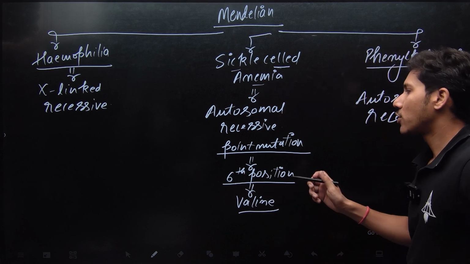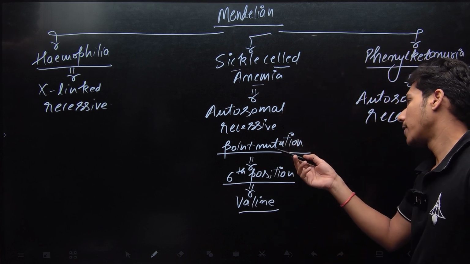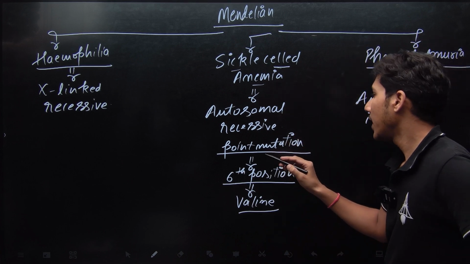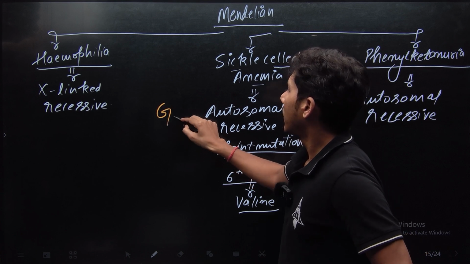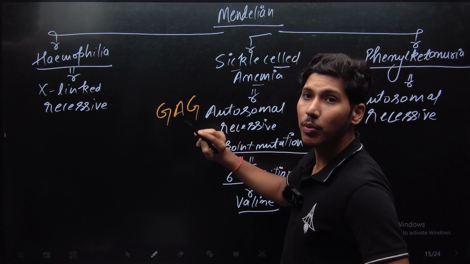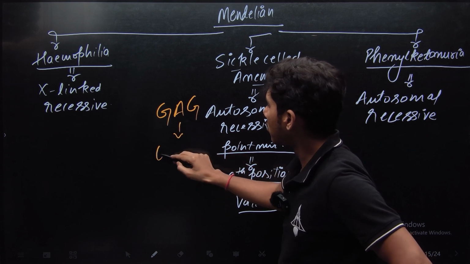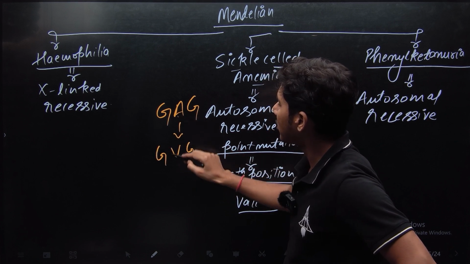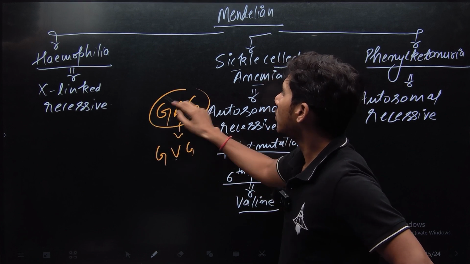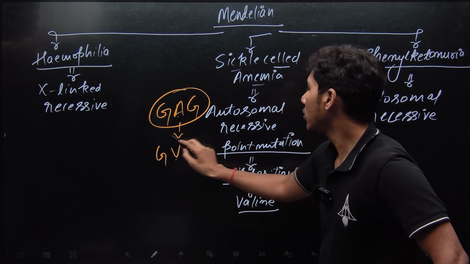Actually the point mutation is in the gene. At some position we have GAG, which codes for glutamic acid, but it changes to GUG. So A changes to U. GAG codes for glutamic acid, but GUG codes for valine.